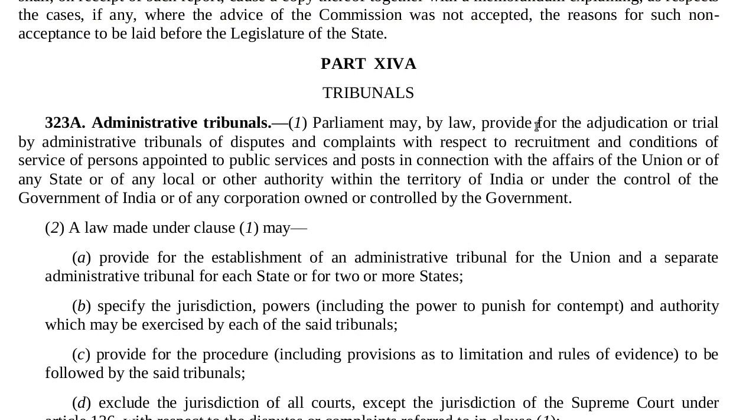Parliament may by law provide for the adjudication or trial by administrative tribunals of disputes and complaints with respect to recruitment and conditions of service of persons appointed to public services and posts in connection with the affairs of the Union or of any state or of any local or other authority within the territory of India or under the control of the Government of India or of any corporation owned or controlled by the government.